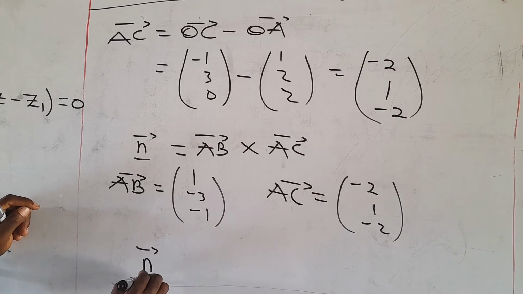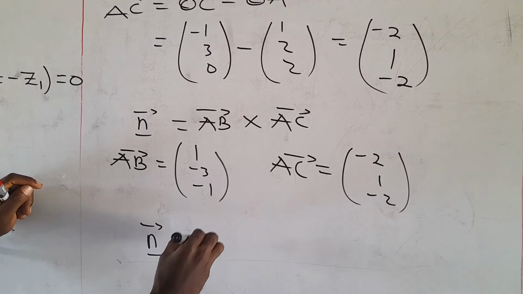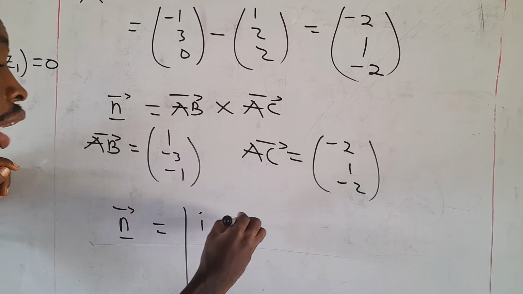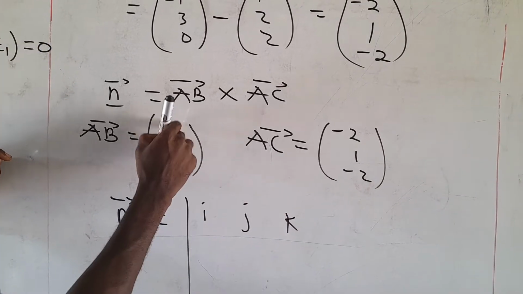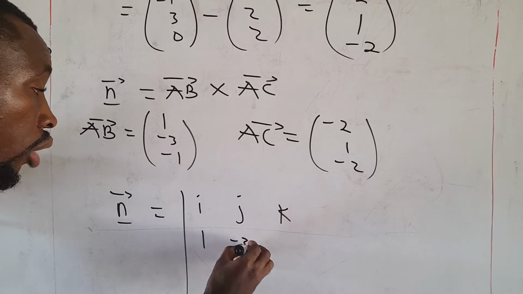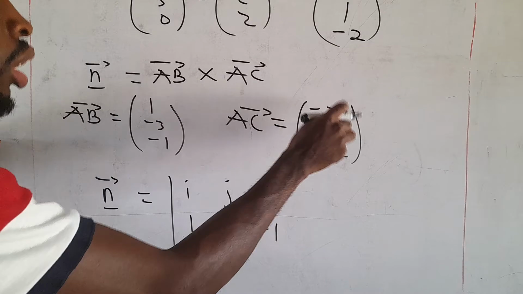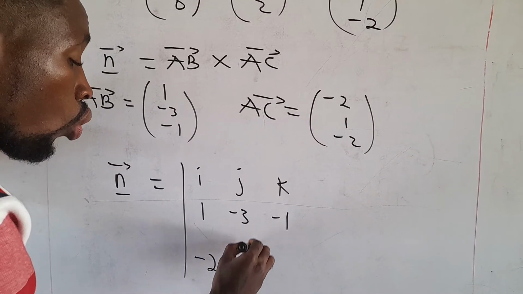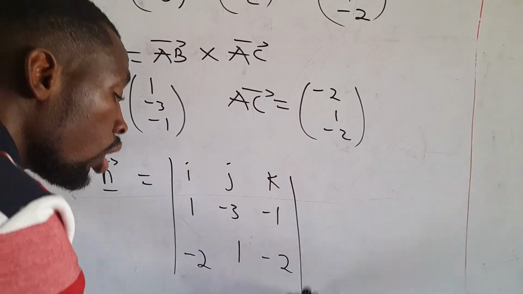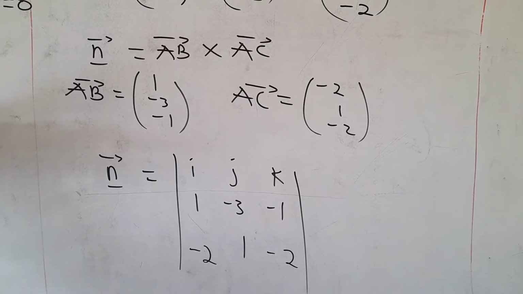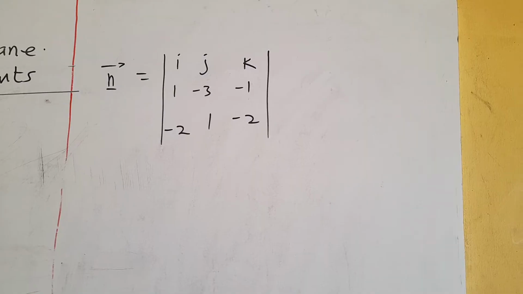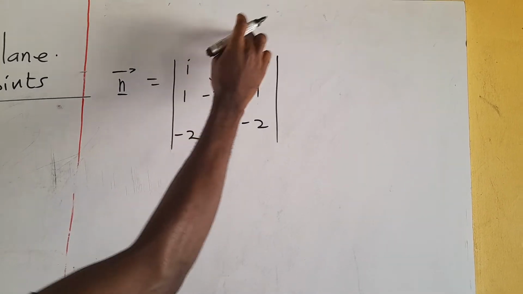So our normal vector, which is the cross product, will be equal to the determinant of i, j, k, then 1, -3, -1, then -2, 1, -2. To solve that, we are using plus minus plus.